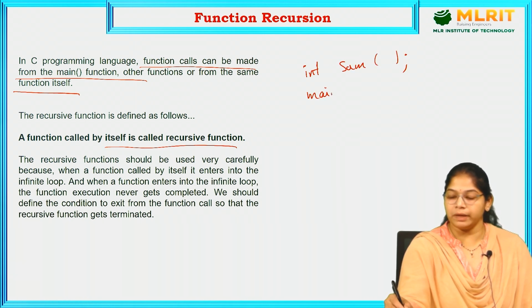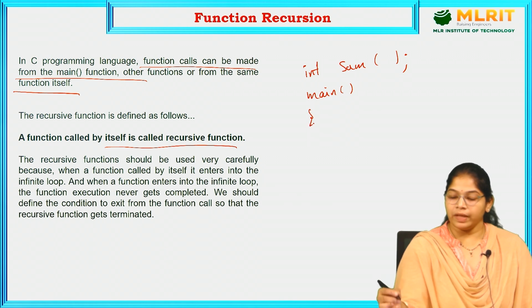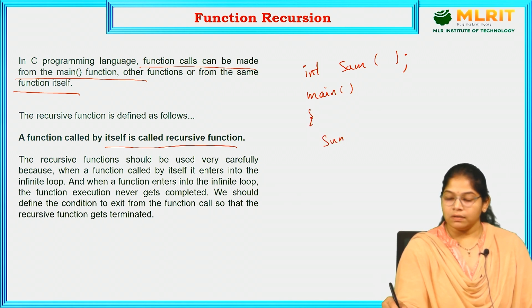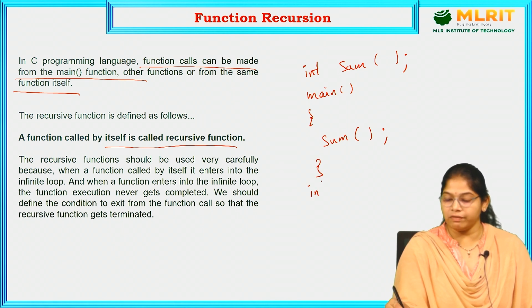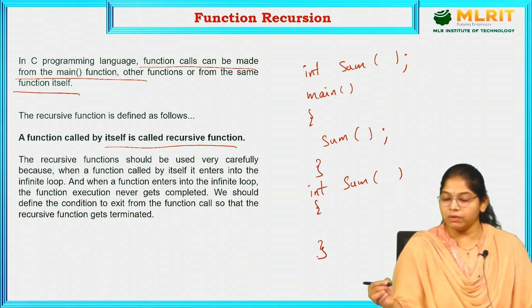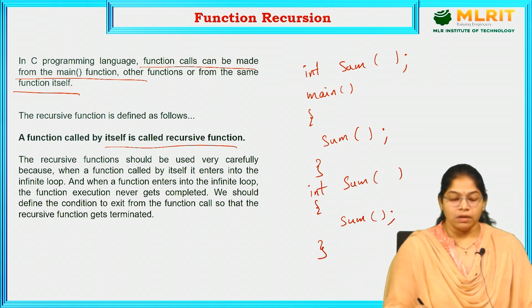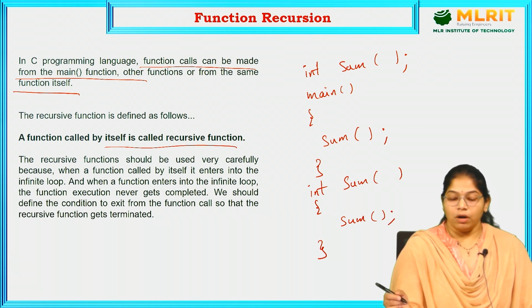The declaration must be made above the main. Then the function call with the function name, no parameters. When we call the function, the control goes to the function definition. Definition and declaration must be the same, meaning the return type, function name, and whatever arguments we are passing. Coming to function recursion, a function called by itself.